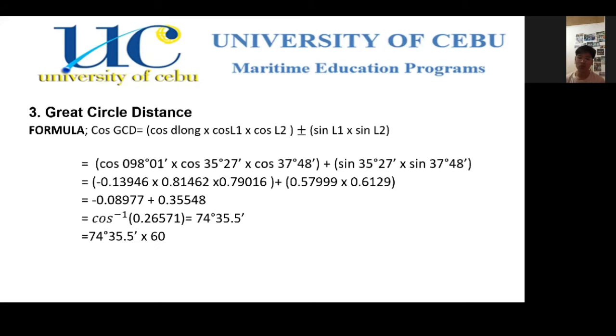Since we need to find the distance, we multiply by 60 so that our units would be nautical miles. So 74 degrees 35.5 minutes times 60 is equal to 4,475.5 nautical miles. So that would be our great circle distance.